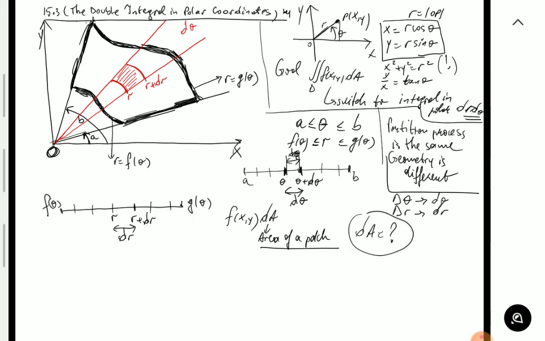Because again, spoiler alert, it is not going to be just dr d theta, because the shape of the patch is not a rectangle. Okay, that's the key thing. So how do we compute it?